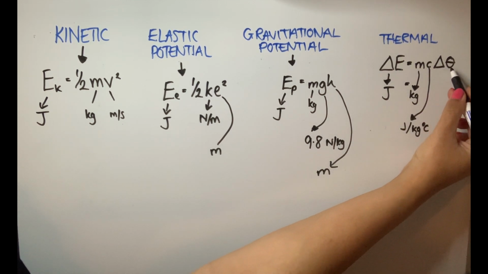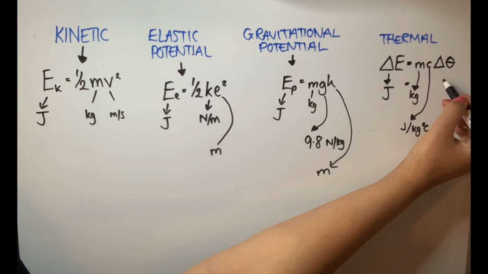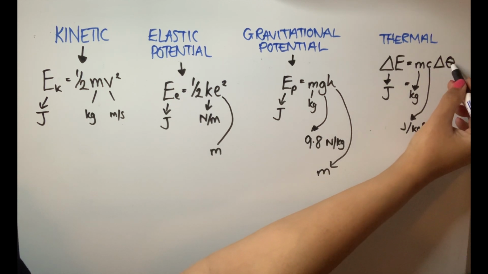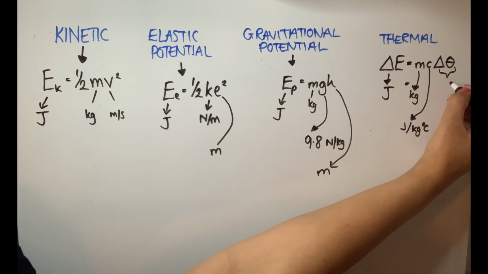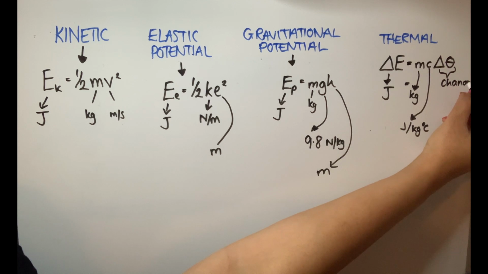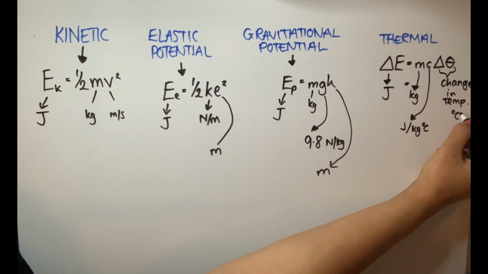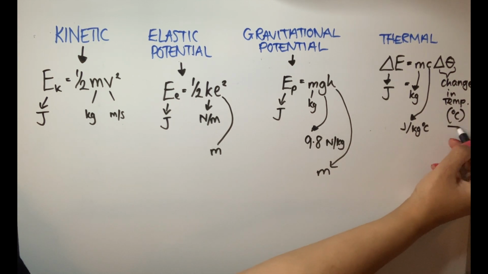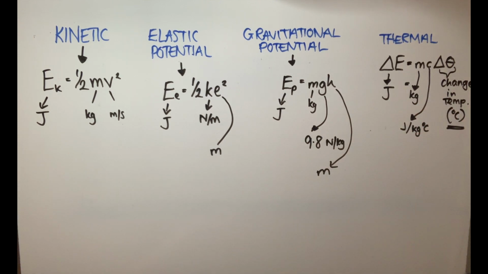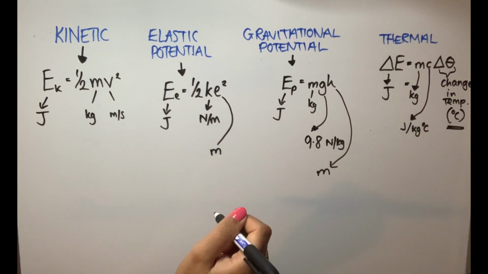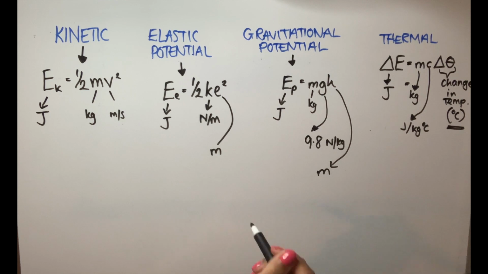And the delta is going with the theta. So delta theta means change in temperature, and that's going to be measured in degrees Celsius. You've got to be careful here, because change in temperature means you have to measure the initial temperature, the starting temperature, and the final temperature to be able to work out the change in temperature.